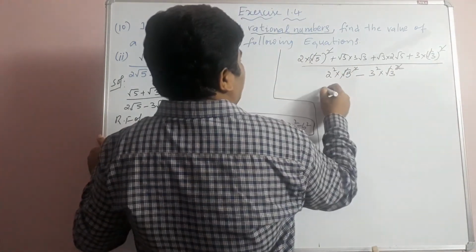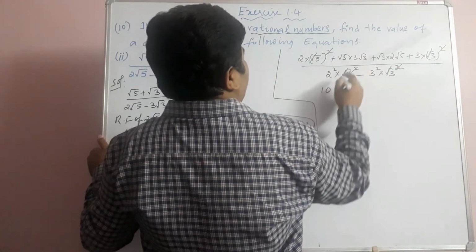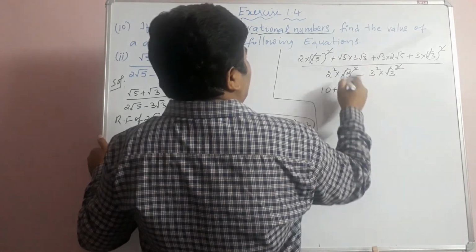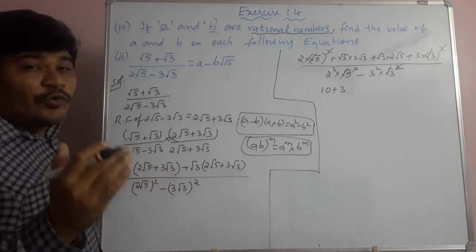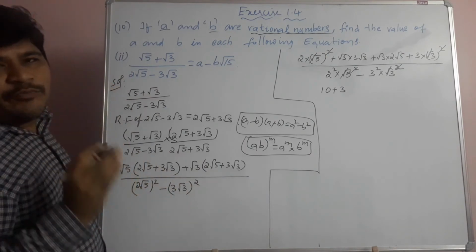So 2 fives are 10, and here plus 3 into root 3 into root 5. Students, here we will use root a into root b is equal to root of a into b.